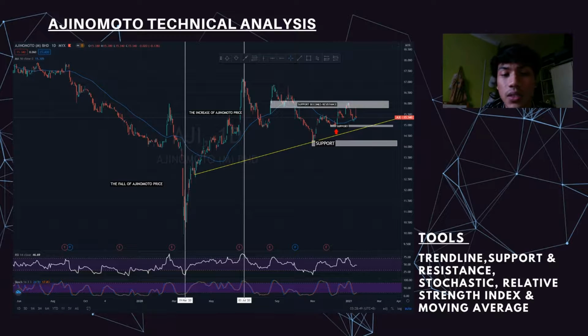Looking into the stochastic and the RSI, both of the indicators are at the 20% line. That means the stock is oversold and there is a buying signal, and all of our tools are showing us a buying signal. It means it is a strong signal, and we will look into the stock to get into a position on the bullish side.